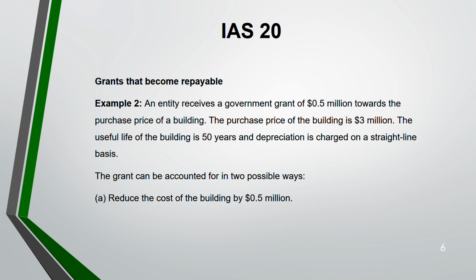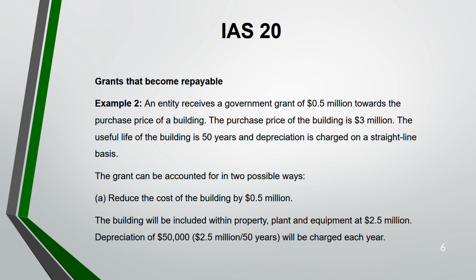Now, reduce the cost of the building by 0.5 million, that is the amount of the grant, or the building will be included within property, plant and equipment at 2.5 million, that is 3 minus 0.5, and you will depreciate.